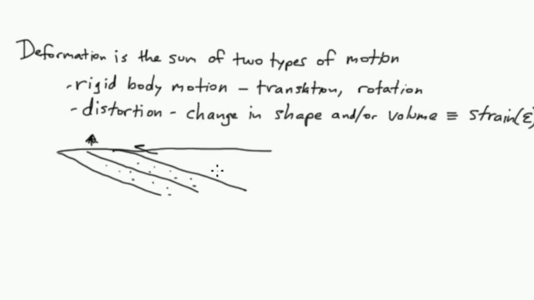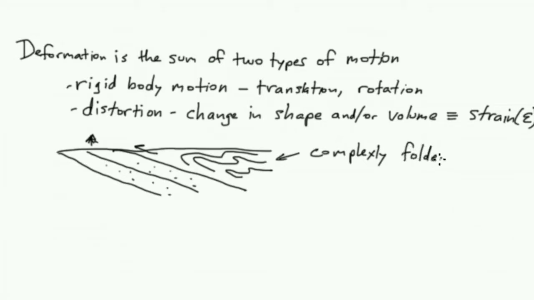Above the fault, we have some complexly folded and highly metamorphosed material, complexly folded metamorphic rocks.